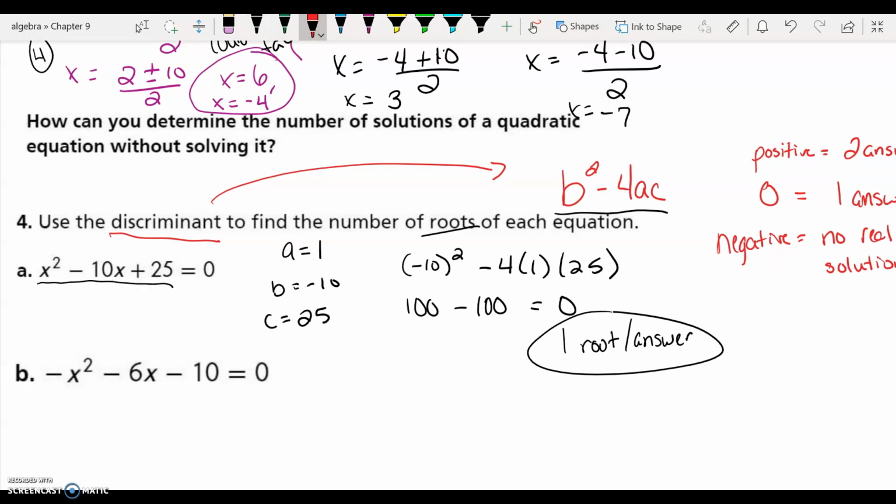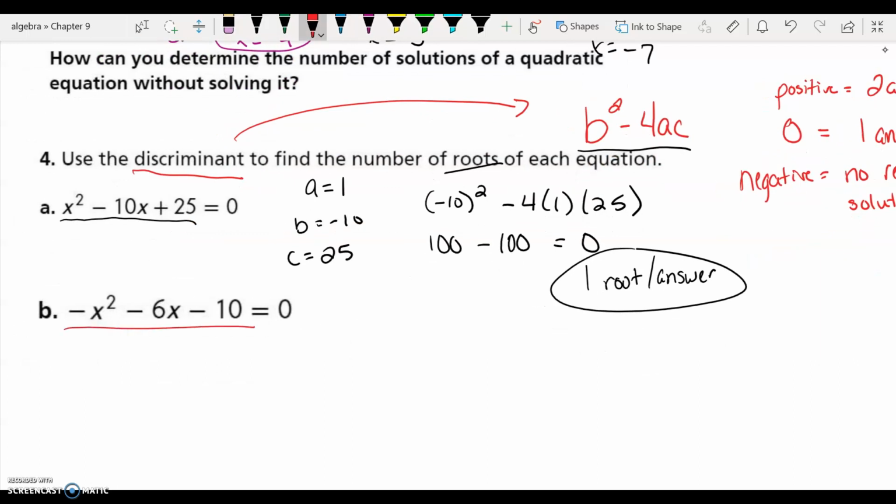How many answers are you going to have? So same thing here. I want you guys to pause it and try this problem right here. My a is -1. My b is -6. My c is -10. So go ahead and plug that into just the discriminant part and figure out how many answers you're going to have.